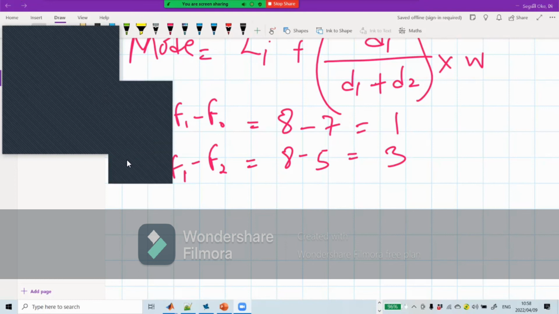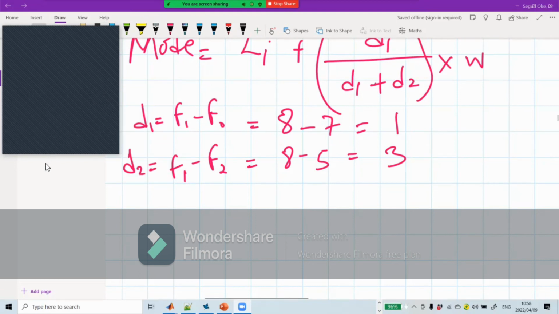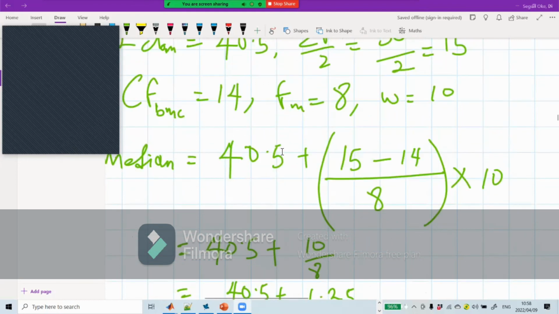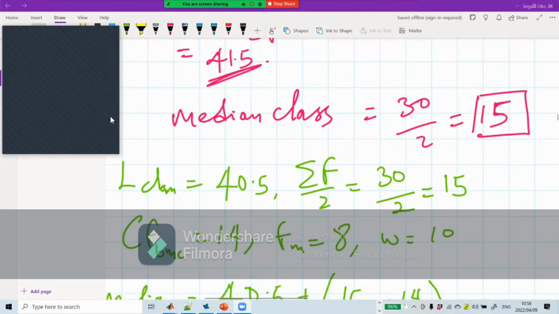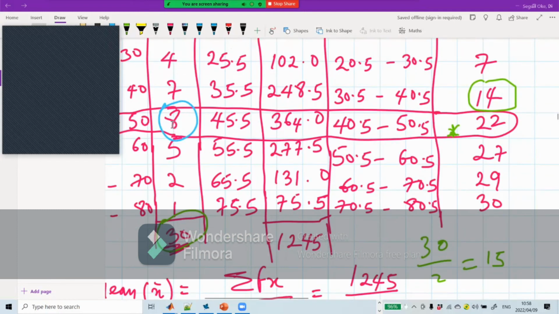What's our F1, please? F1 is 8. F0 is what? 7. Then F2 is what? 5, the frequency after the modal class.